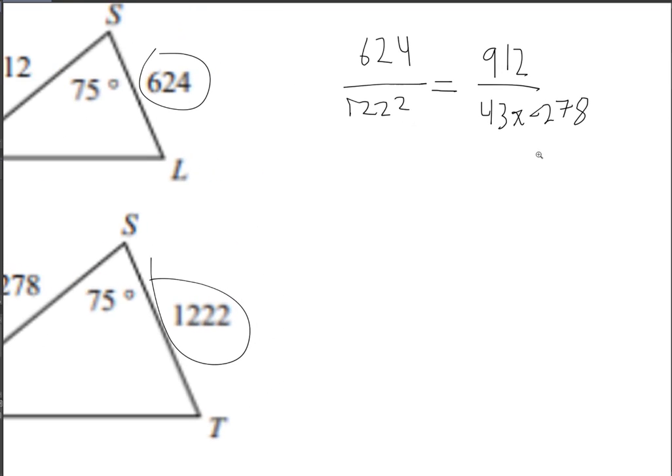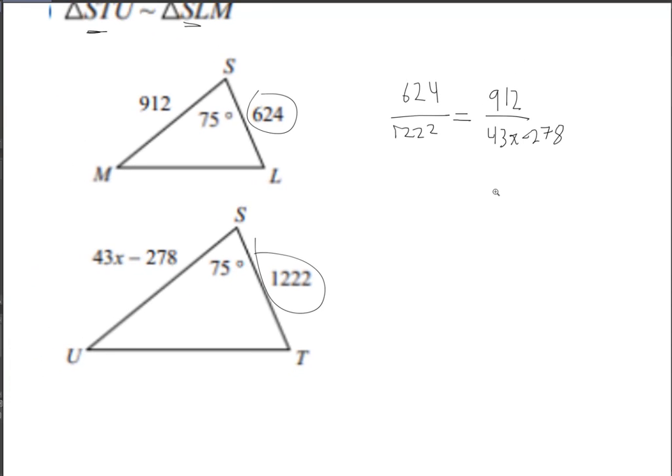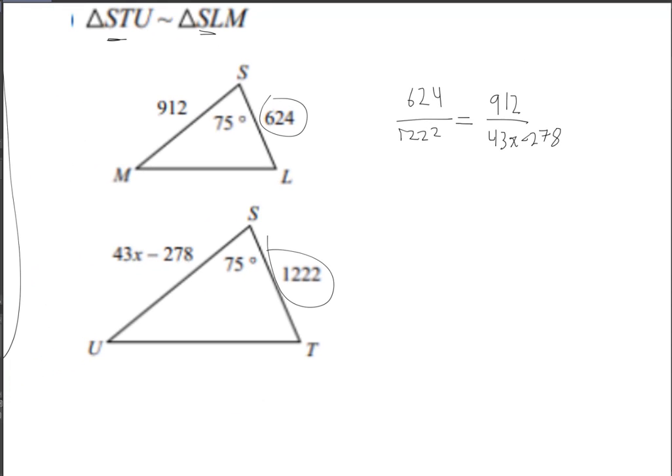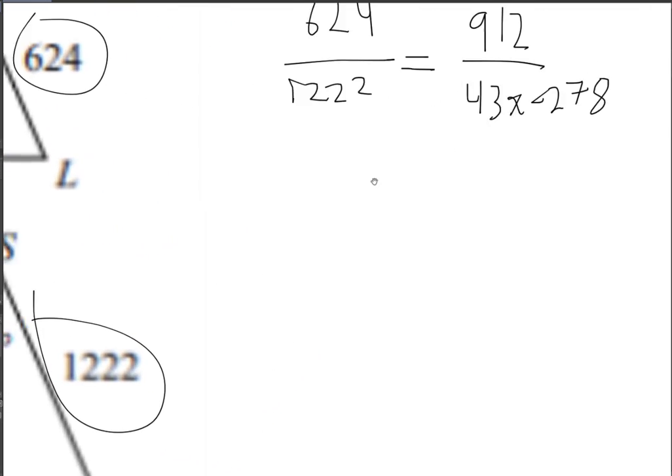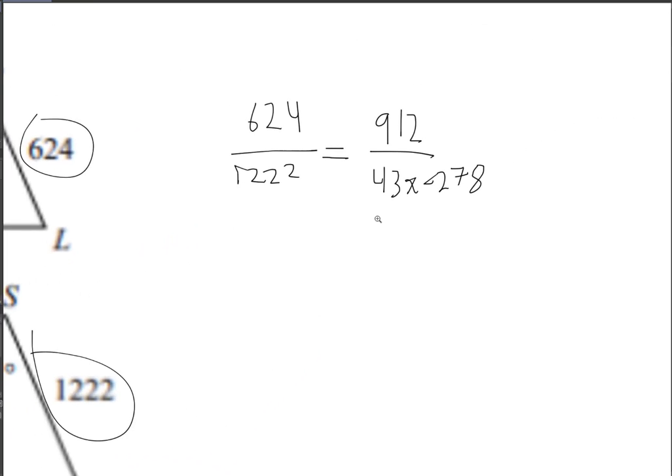Okay. So now that I have that ratio, once again, it's the little to the big, little to the big, right? So basically we're saying 624 is to 1,222 as 912 is to this, right? So anyway, knowing that, we can now go ahead and cross multiply and solve for x.